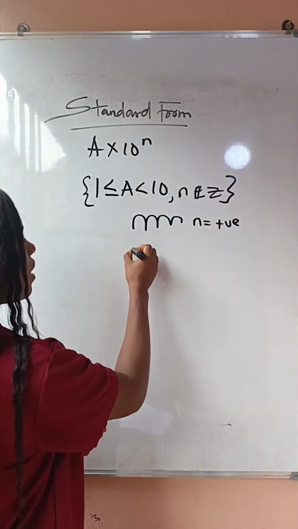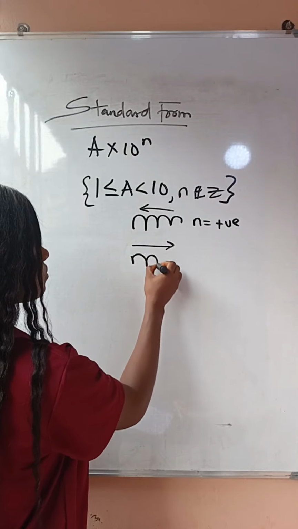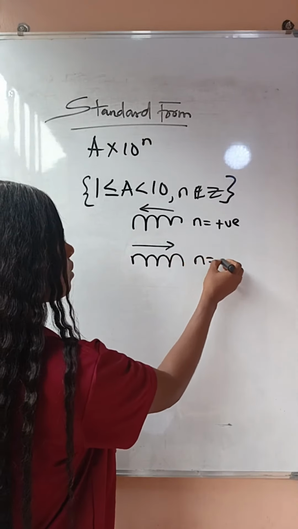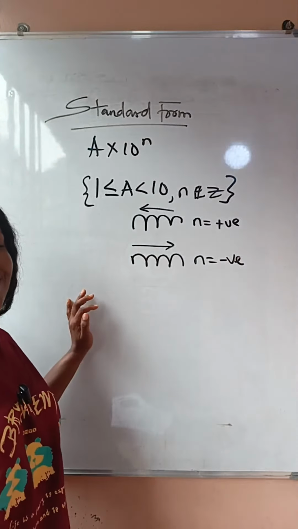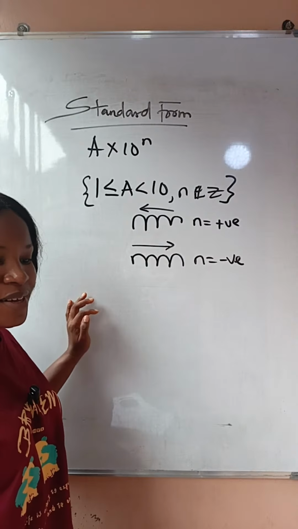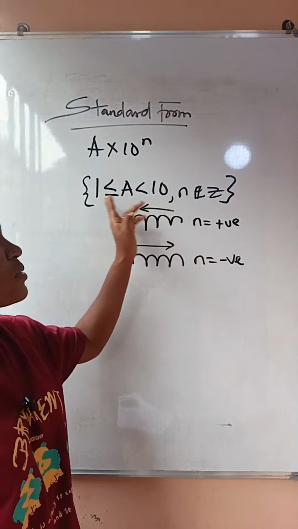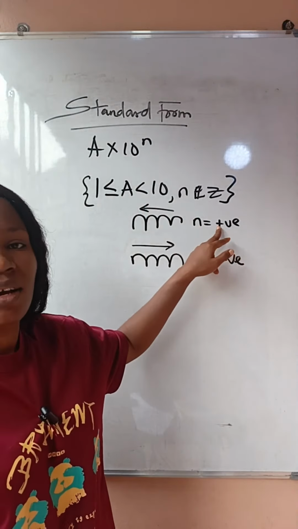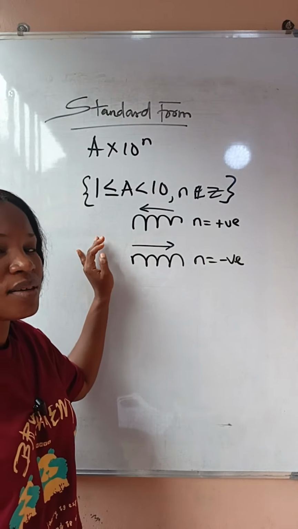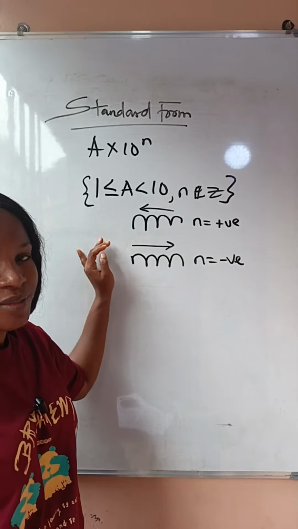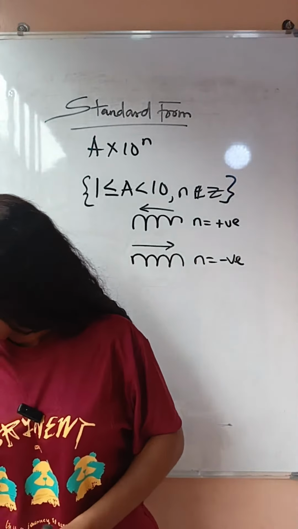If we move our decimal point to the right, then our n will be negative. Ideally, when you move something to the left, you expect your answer to be negative, right? But in terms of standard form, I want you to always view it the opposite way. Okay? All right.